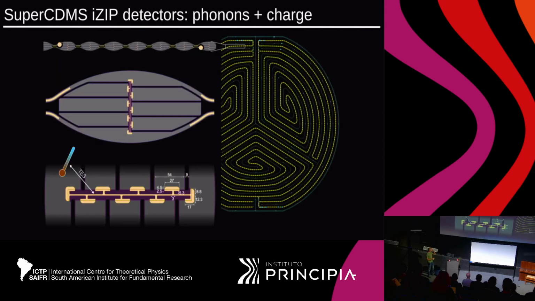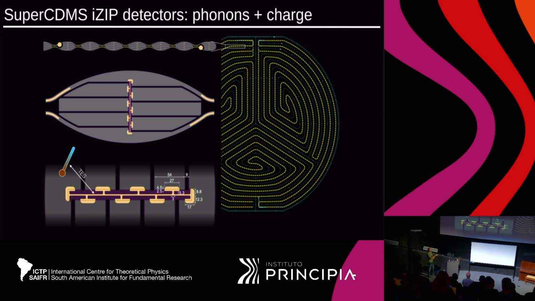So now if we look at those lines from the top in detail, they have a structure that is like this. Each of these blobs has this structure in them. These are aluminum fins or gold fins, and then these things here are the transition edge sensors made of tungsten or other materials, okay?